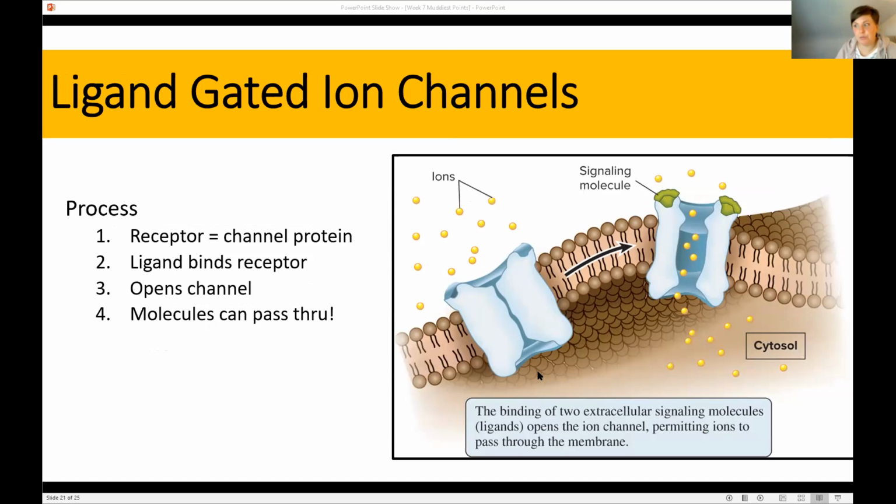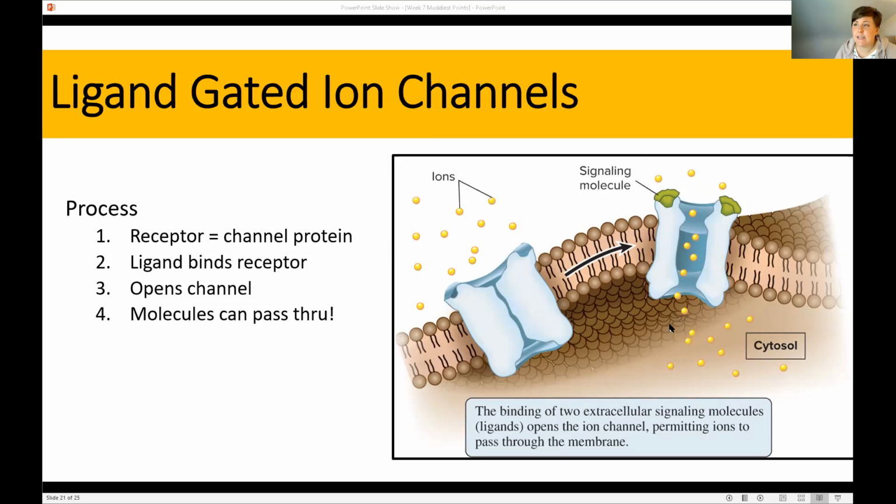They can't get through their designated channel. And let's say we want to open that channel, but we want to just tell the cell when to let those ions in. Basically what happens is this channel is closed until a ligand or a signaling molecule binds it, and binding of the ligand opens that channel and then lets that ion in.